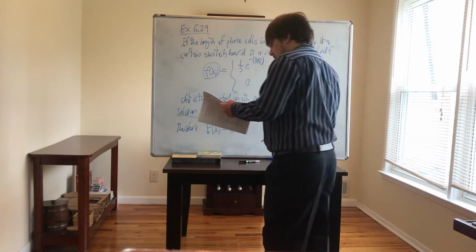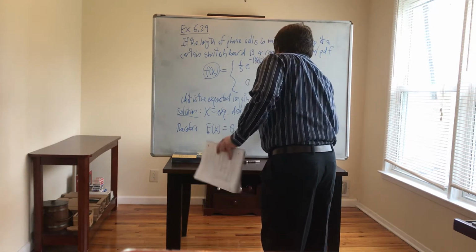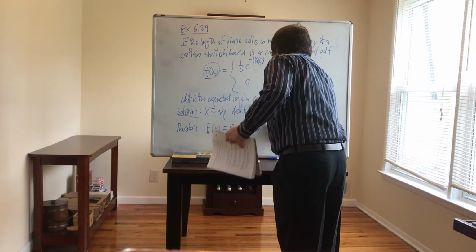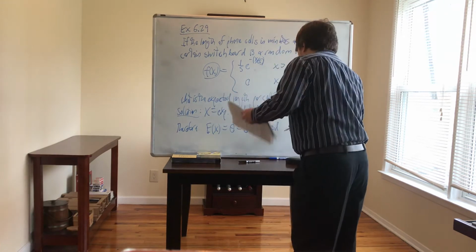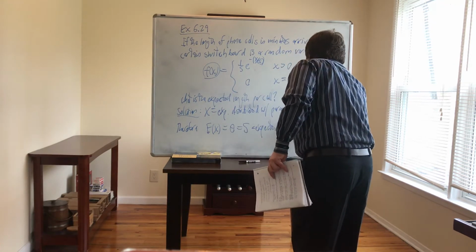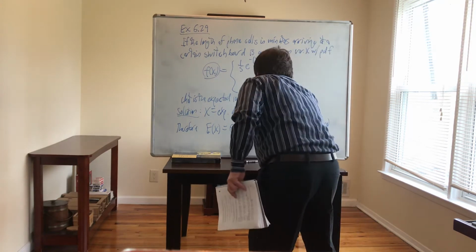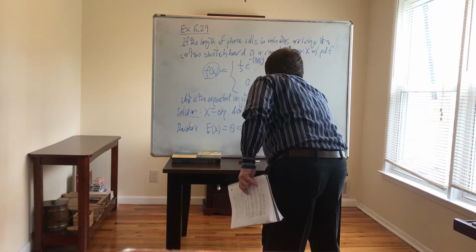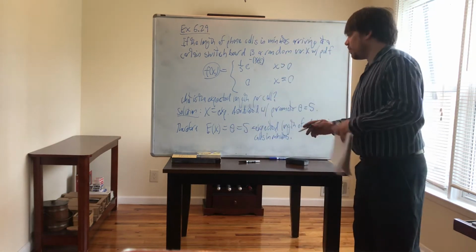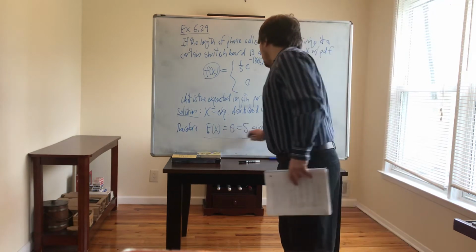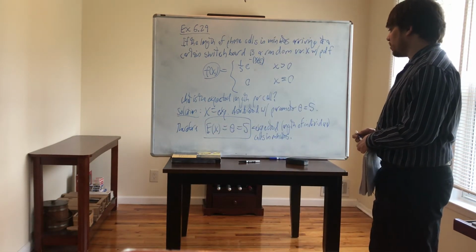And that is the expected length of individual calls in minutes. Okay? So here E of X is 5. The expected length of individual calls in minutes, okay?